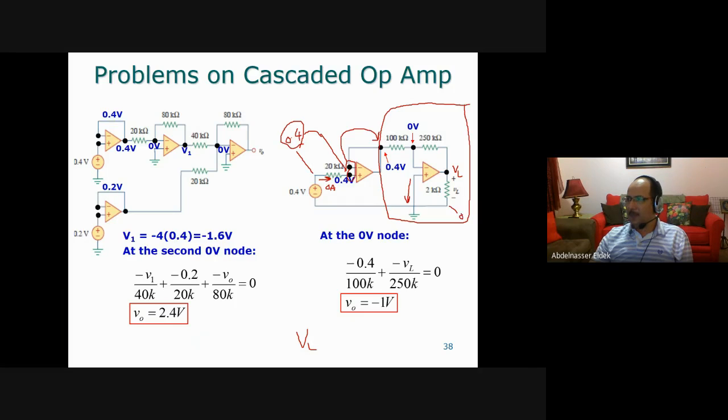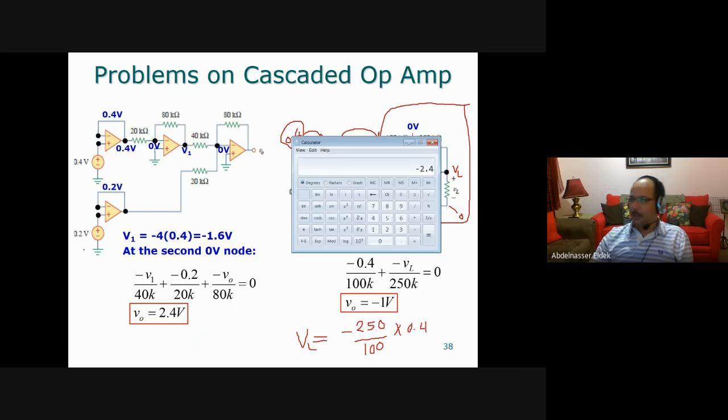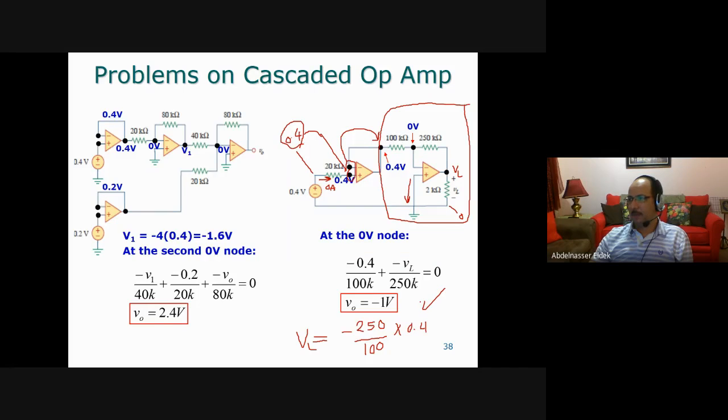So VL equals negative, because this is an inverting amplifier, 250, again you don't worry about K because all resistors are K, divided by 100, multiplied by 0.4. The input is 0.4. When you multiply it, 250 divided by 100 times 0.4 equals 1, and you have a negative sign outside, then it is negative 1 volt, as you have here.